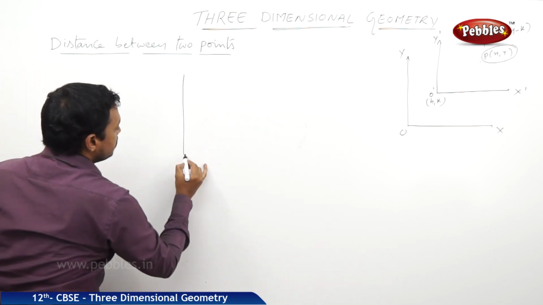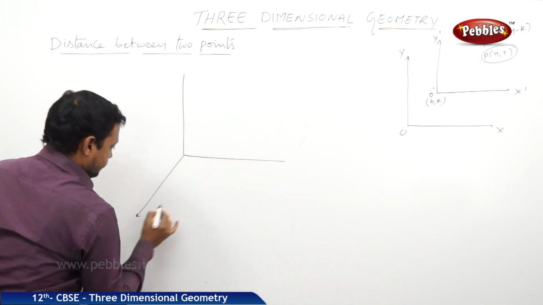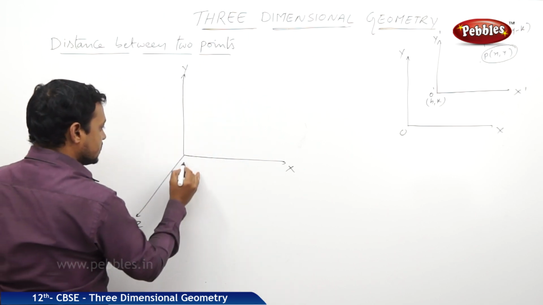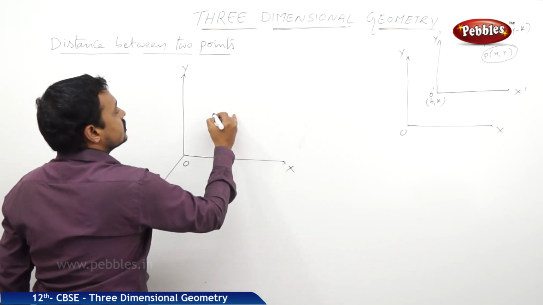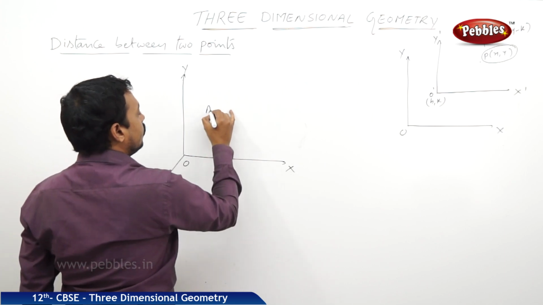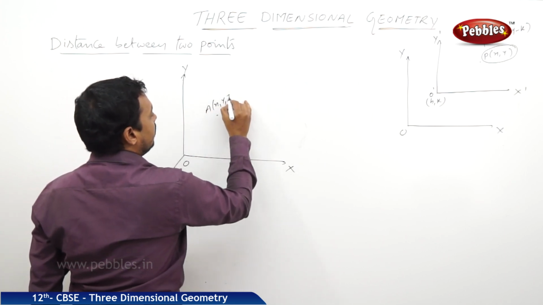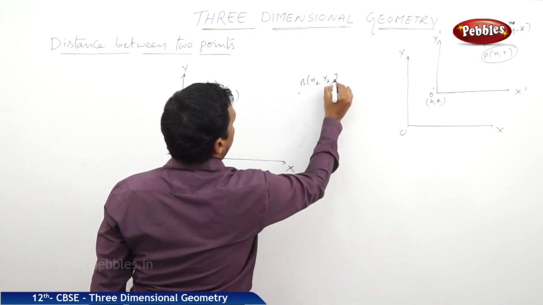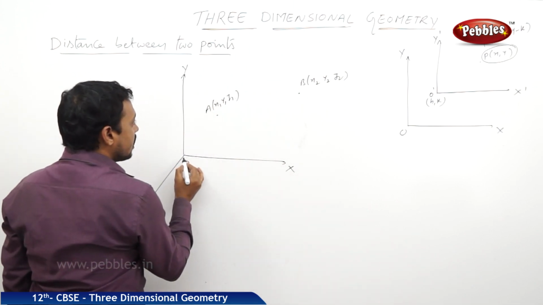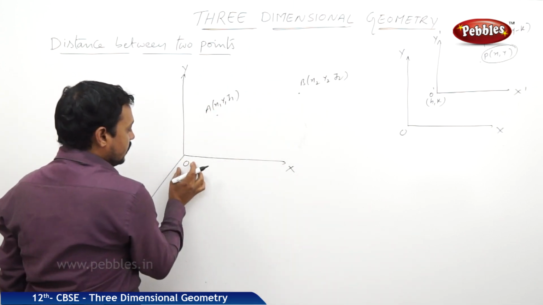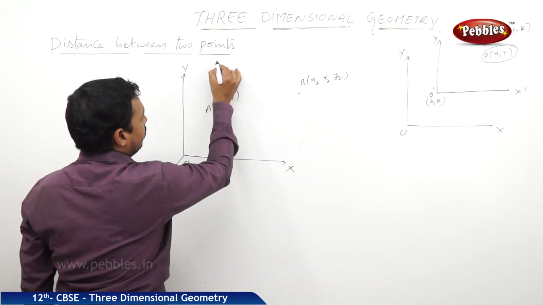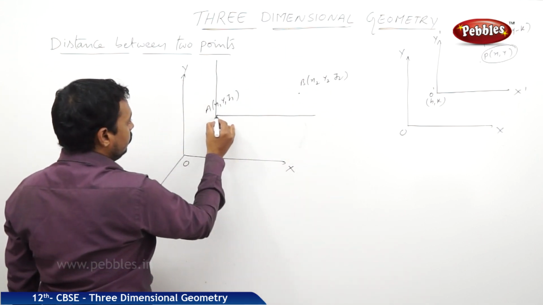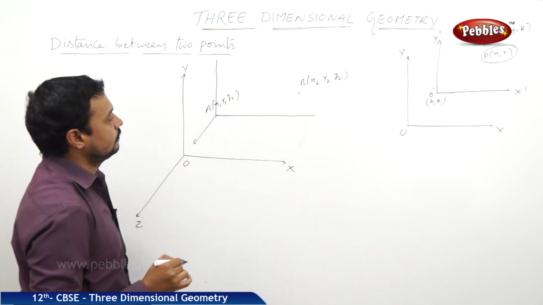Now in three-dimensional geometry, we have the x-axis, y-axis, z-axis, and the origin. Suppose one point A has coordinates x1, y1, z1, and second point B has coordinates x2, y2, z2. Suppose this origin is shifted to A, now the new system will be like this.